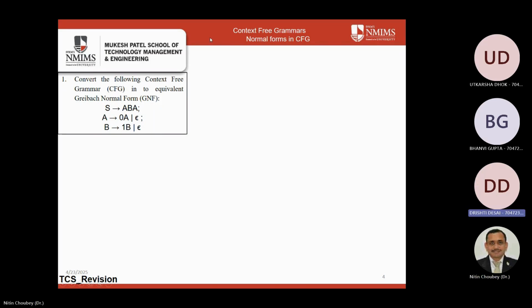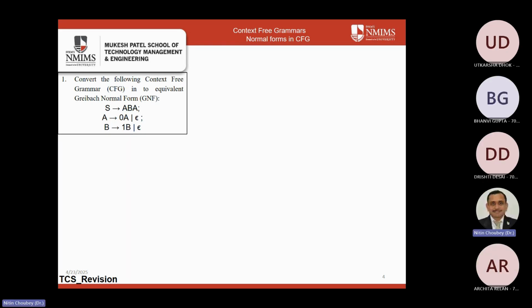We will refer to the Greibach normal form. It is a normal form wherein the productions are of the type either starting with a terminal or containing a terminal. So how do we define them?